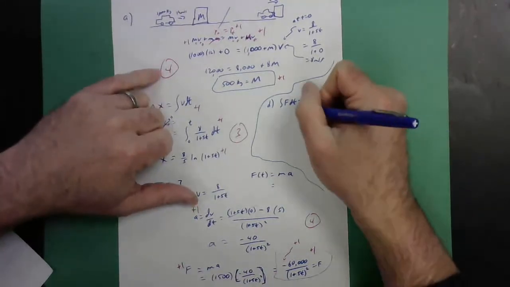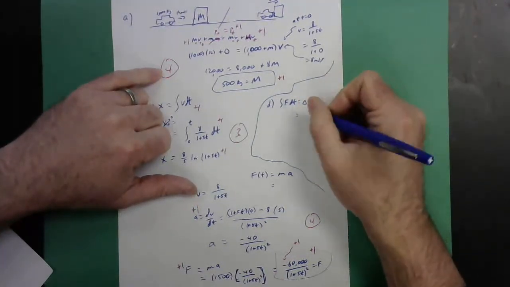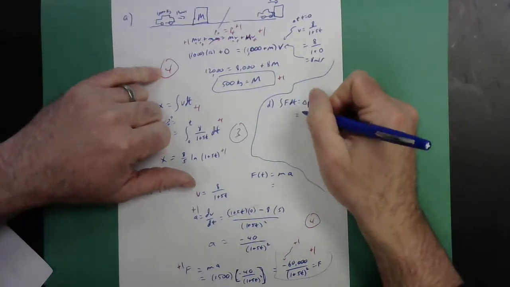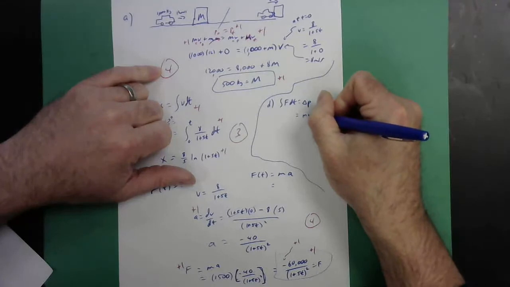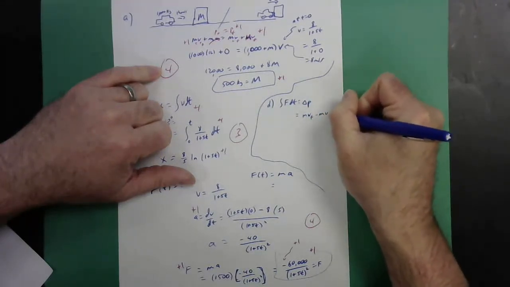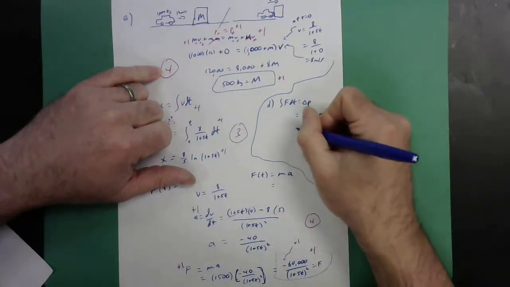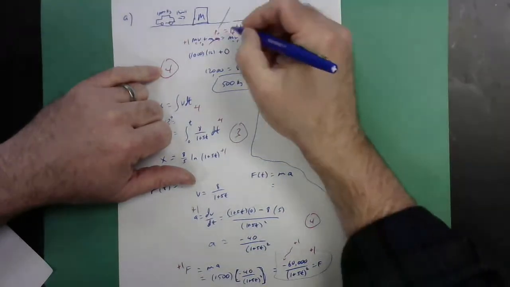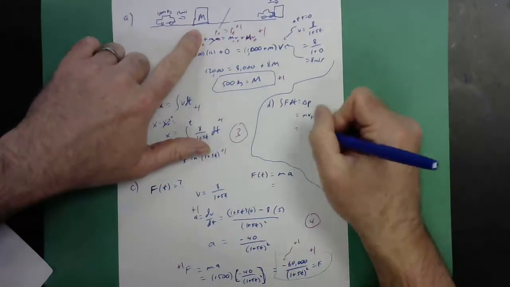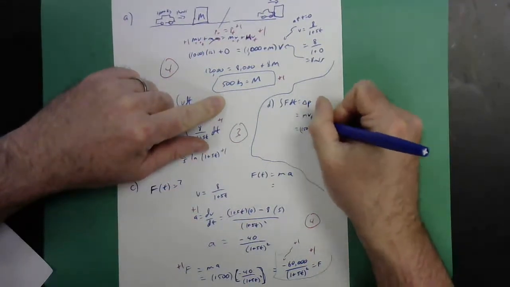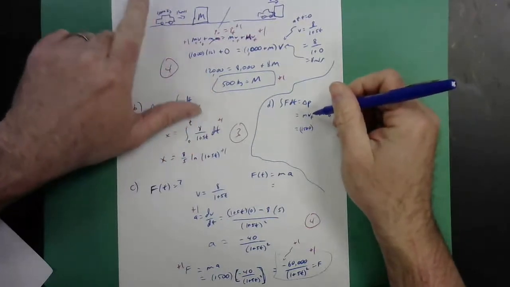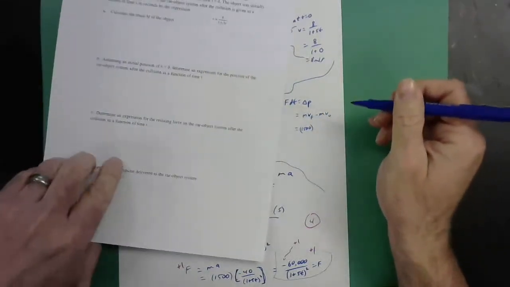Not that we're scared of calculus, but I don't know. The change in momentum is the impulse. And so the change in momentum, that's just going to be the mass times the final minus the mass times the initial, right? We know that our mass is that combined 1,000 plus m plus 500, so that's 1,500 times the final velocity. You say, what's the velocity? It's the velocity at the 2 second mark.